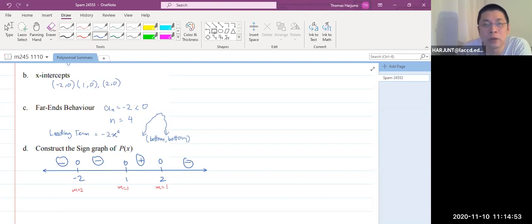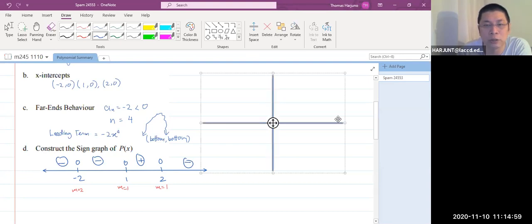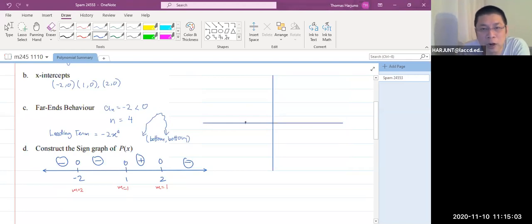Okay. Now, actually, we can sketch the graph here. Let's try to sketch the graph, but I will not sketch it to scale. So the x-intercepts are -2, 0, 1, 0, and then 2, 0. Y-intercept 0, -16.